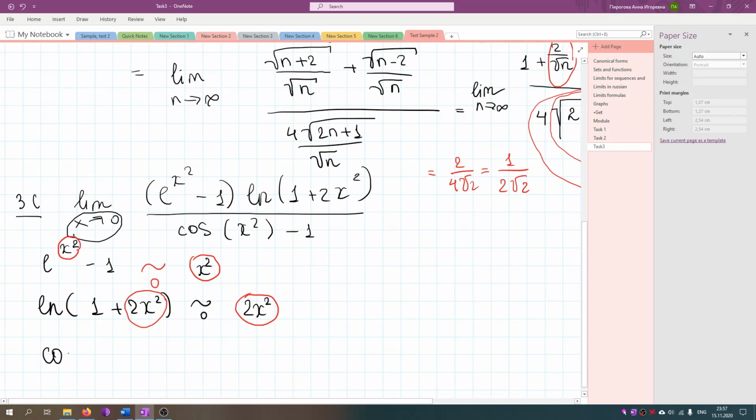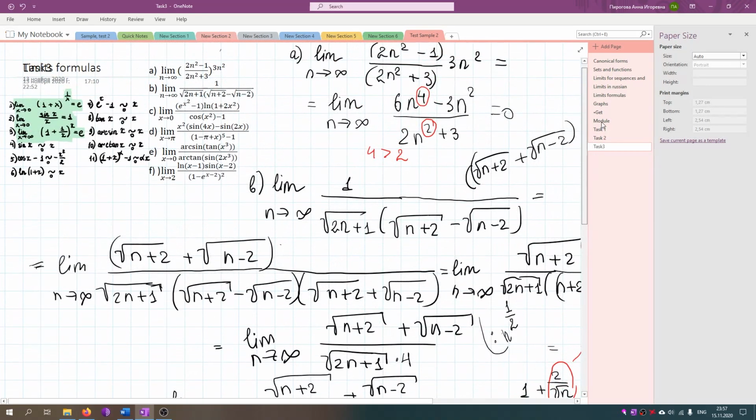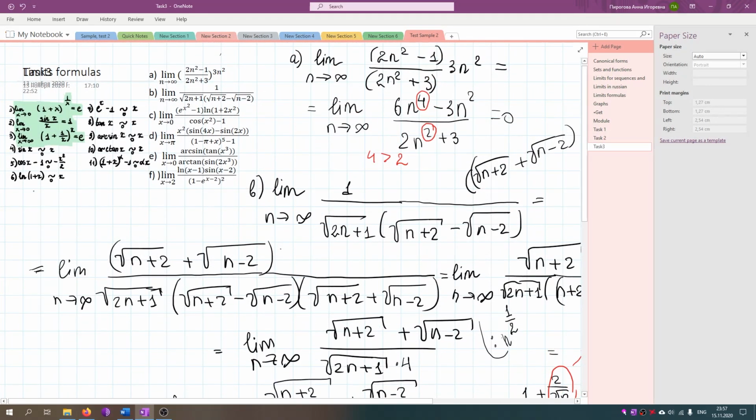So, cosine x squared minus 1. Let's look at the formula. We have here that cosine x minus 1 is equivalent to minus x squared divided by 2.